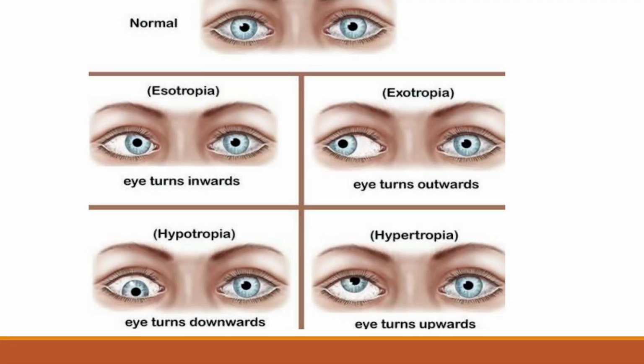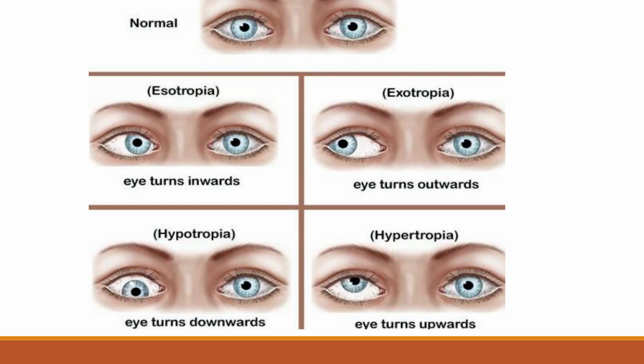Now look at this slide. In the normal one, the visual axes or the eyes are aligned, so it is normal, orthophoric, while in esotropia the eye goes in toward the nasal side, so we use the terminology esotropia for that. If the eye goes outward, squinting outward or deviated outward, we call it exotropia.